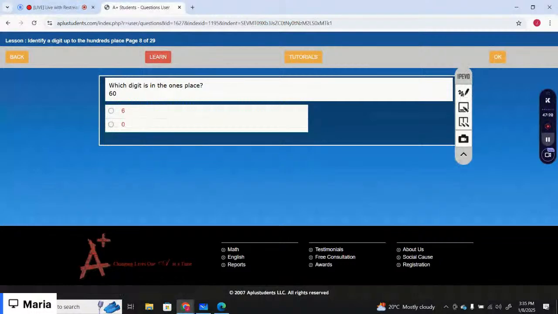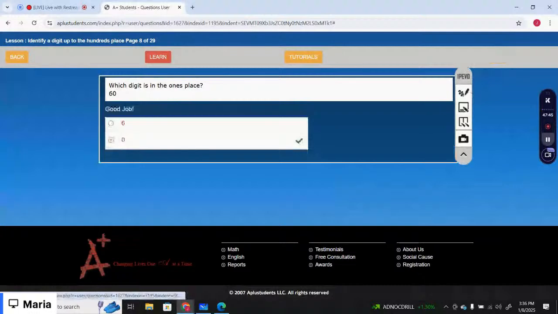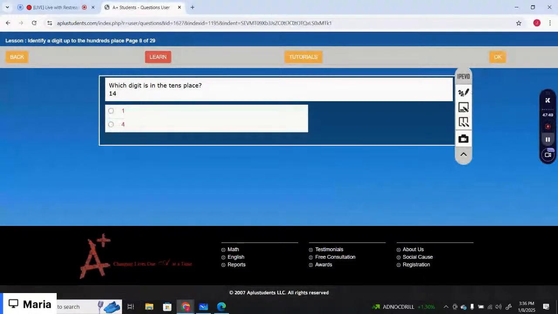Which digit is at the ones place? The digit that is at the ones place is 0. Which digit is at the tens place, which is the correct option?